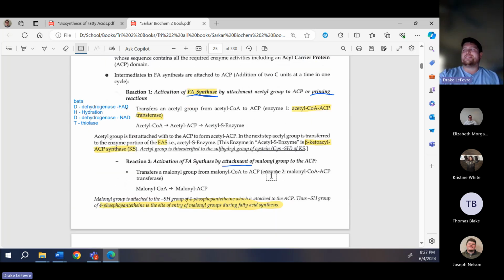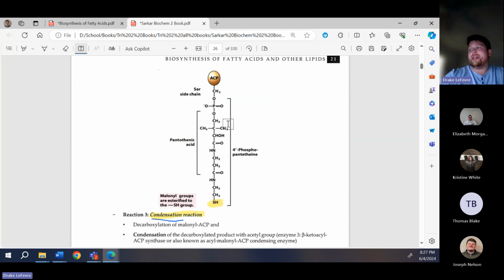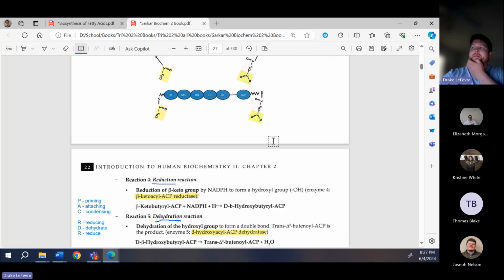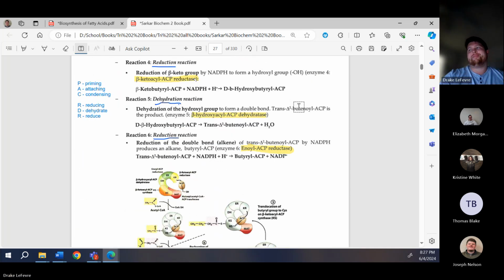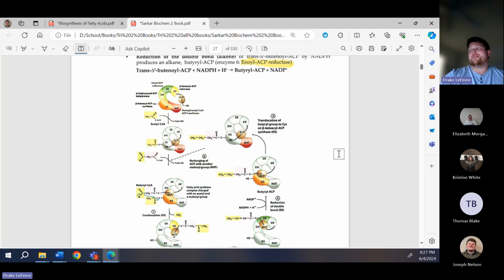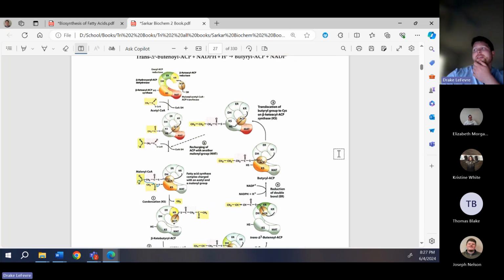And I'm sorry, there's a lot here, and unfortunately I don't have this down pat as much as a lot of the Biochem 1 type reactions, because to be completely blunt, there's like a 2% chance that you'll ever see it again once you get through here.